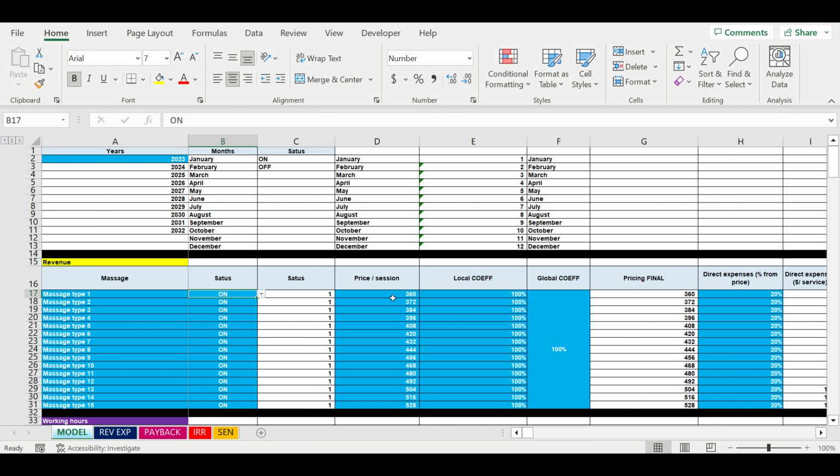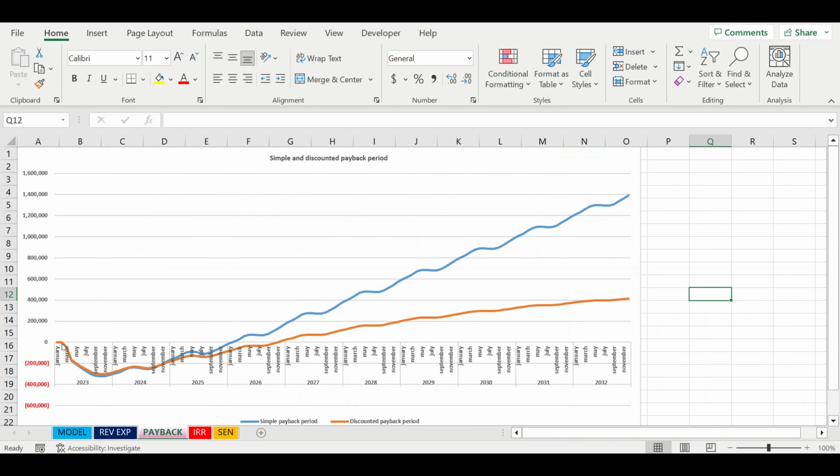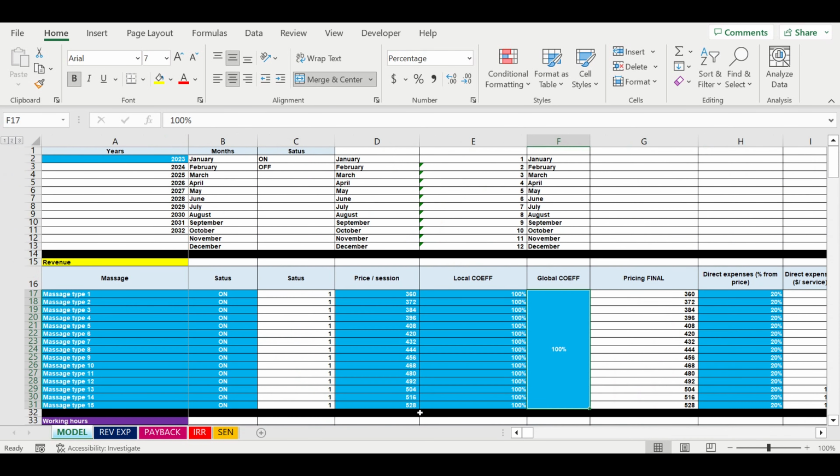Then we specify the pricing for our different types of massage, and then we create the coefficients: local coefficients for a specific massage, or a global coefficient for all prices. So for example, this is the simple and discounted payback period with the basic scenario, but I just want to decrease the pricing and take only 80% of the basic prices.